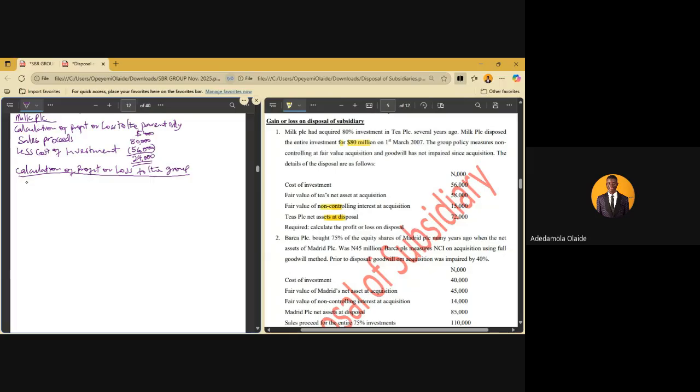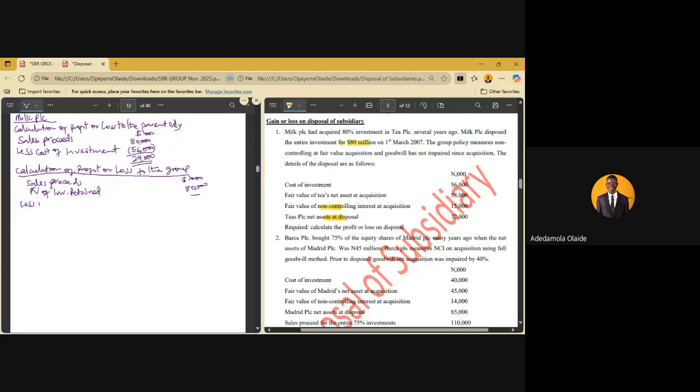So what do we have? We'll say sales proceed. Sales proceed is how much? 80 million. Then fair value of investment retained. And what will be the fair value of investment retained? It will be nil.